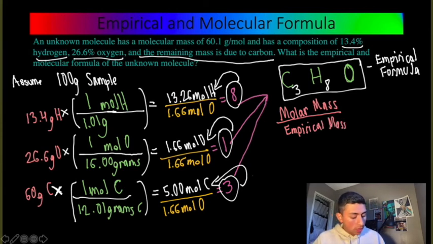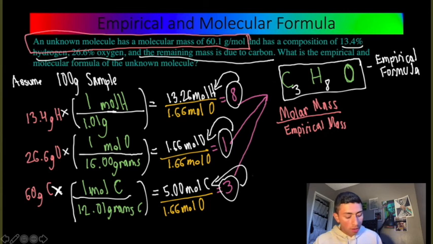All that we do is divide the molecular mass of our unknown molecule by the mass of our empirical formula. In this case, the molecular mass is told to us here. An unknown molecule has a molecular mass of 60.1 grams per mole.